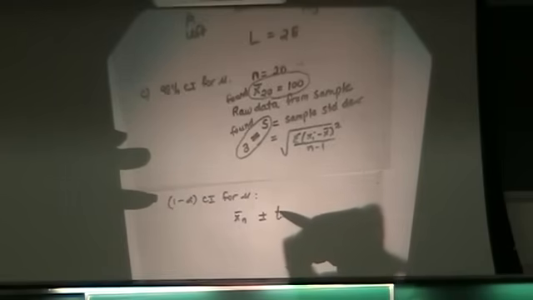So this time the formula is going to be the following. A one minus alpha confidence interval for mu is given by x bar n plus or minus t alpha over 2 times S over rad n. Do you see that the template is the same as before? Let me put the old formula back up.